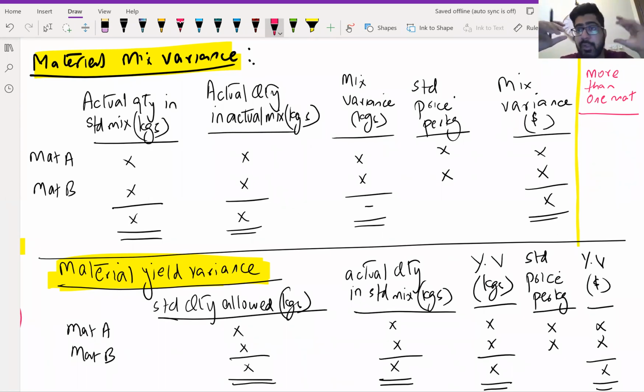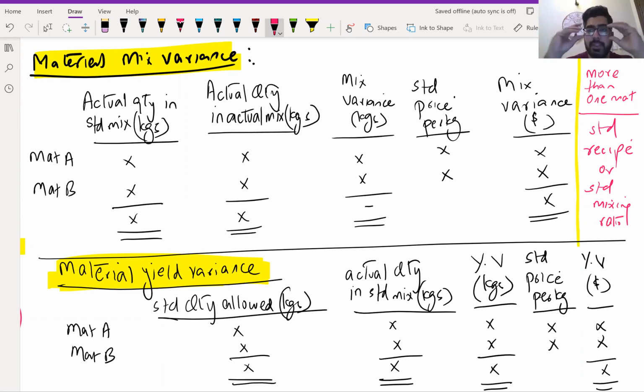Whenever a product has more than one material, you do not say: input each material in whatever quantity you like. No. Every product which has more than one material has a standard recipe or a standard mixing ratio. For example, you are making a cake.